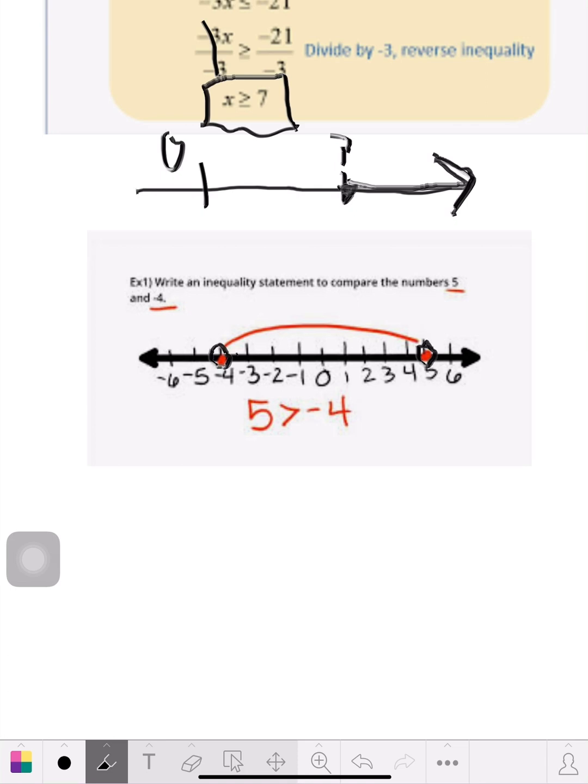Okay, because it doesn't include those, because it doesn't have the sign underneath that says equal to. So that's how that looks. If this was included in here, this would be a solid circle. Okay, and that's all there is to that. That's how to graph that one. So it's every number in between those, okay?